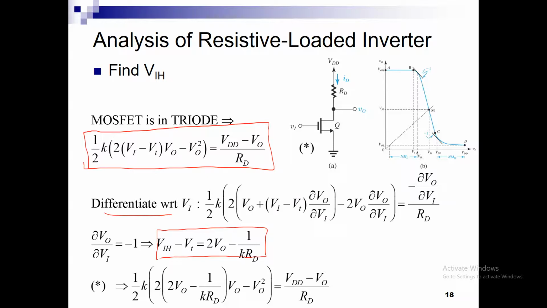So here I will find one as function of the other, and then plug it back into this equation, specifically VIH minus VT.